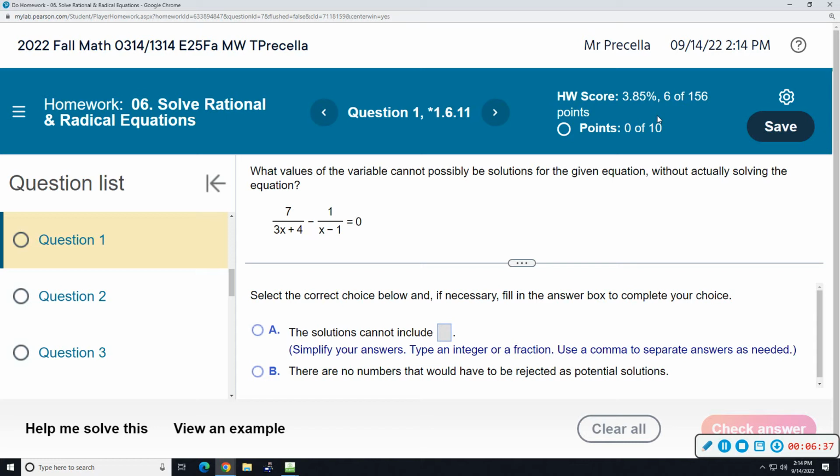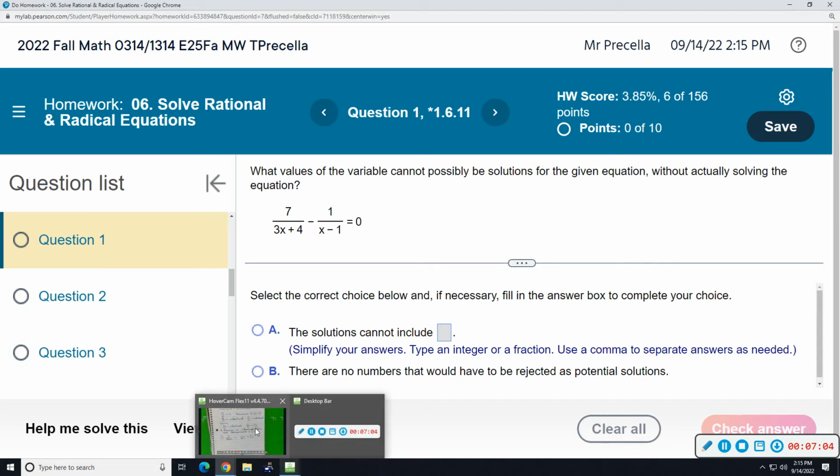Okay, 7 over 3x plus 4, then we have a minus 1 over x minus 1 is equal to 0. What values of the variable cannot possibly be solutions? Don't solve the equation. They just want to know what numbers could not possibly be solutions.